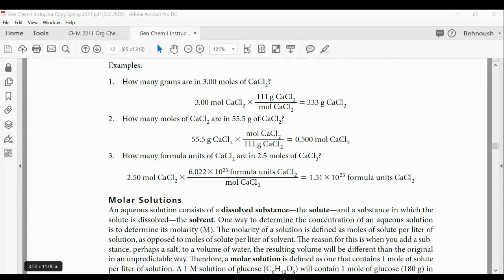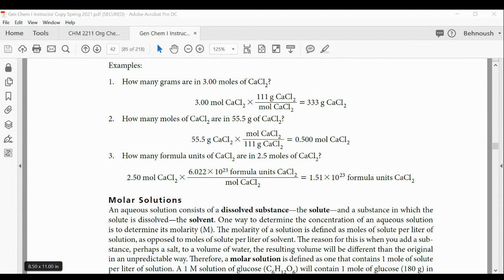Okay. Other ways. There are a couple other ways. Formula units, divide by Avogadro's number. Change that, please. No, that's not the definition for formula units. Formula unit is the same thing as molecular formula, but is used for ionic compounds.